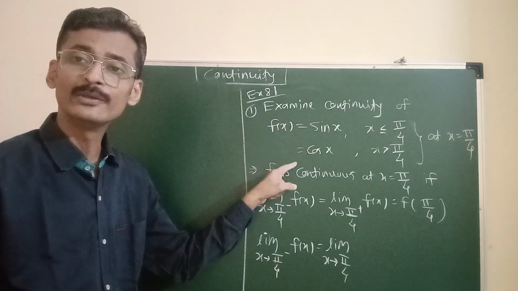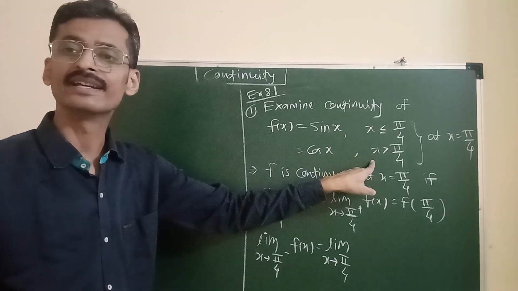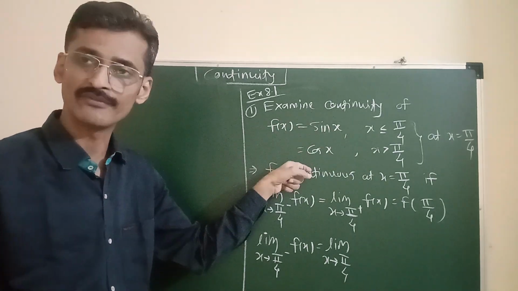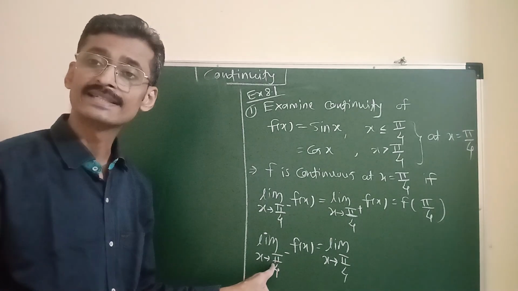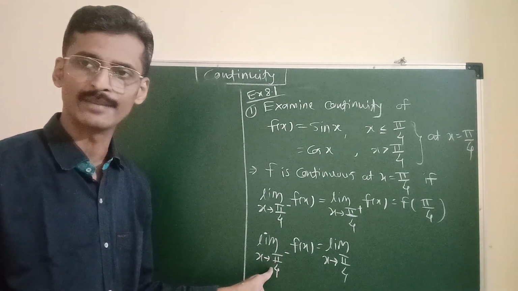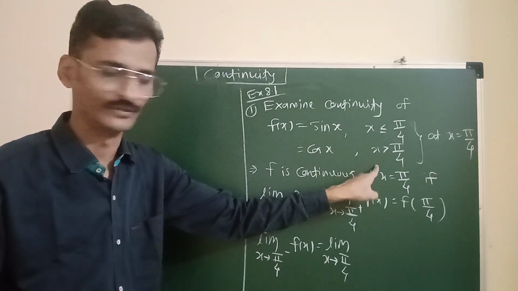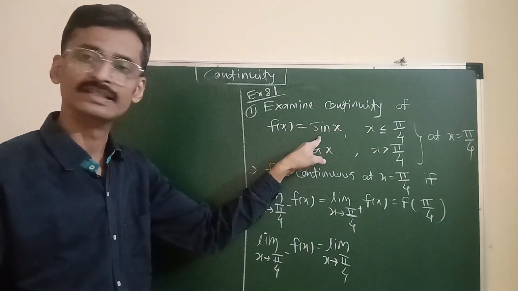Now the function is given in two parts. Here x is less than or equal to pi by 4 and here x is greater than pi by 4. So from these two parts of the function, which do we have to select? As x is less than pi by 4, we can select this part.